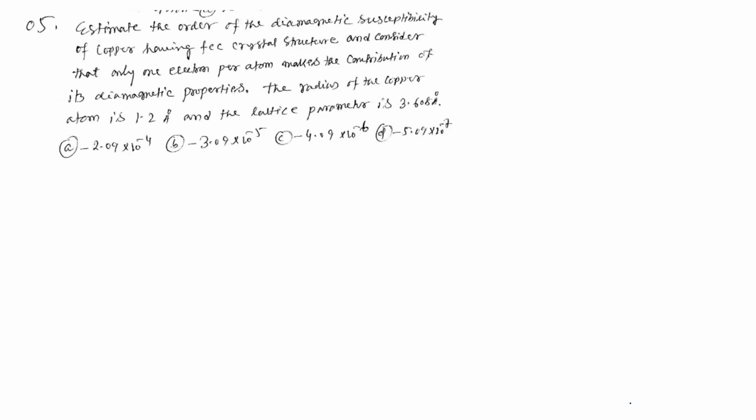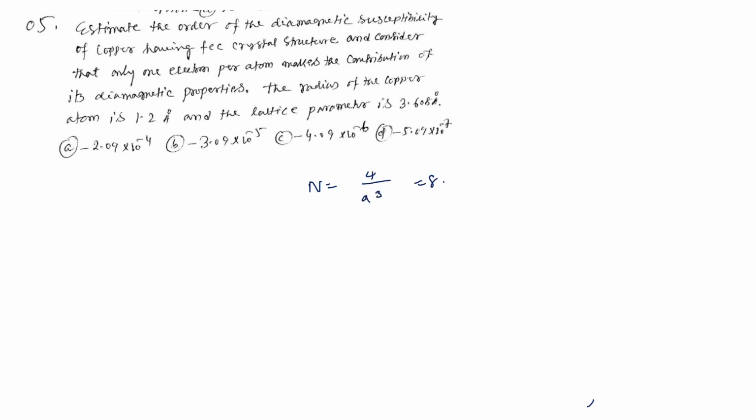Now let us go to the next problem. Estimate the order of the diamagnetic susceptibility of copper having FCC crystal structure, and consider that only one electron per atom makes the contribution to its diamagnetic property. The radius of a copper atom is given, and the lattice parameter is also given. The same formula you have to use here. First you have to calculate the n value, 4 divided by a cube as usual.